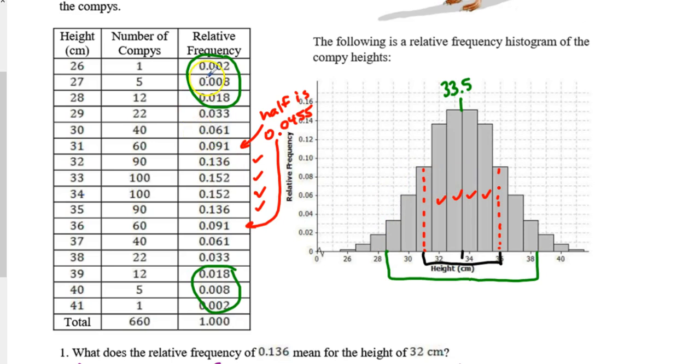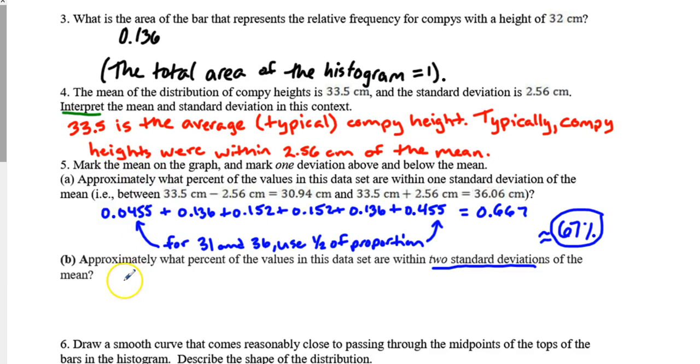I'm for doing easy work, not hard. So let's do 1 minus that little bit times 2, right? Because you can see it's 0.018, 0.008, 0.002. It's the same thing on both sides. So let's do 1 minus 2 times the stuff that was outside, the 0.002 plus 0.008 plus 0.018.